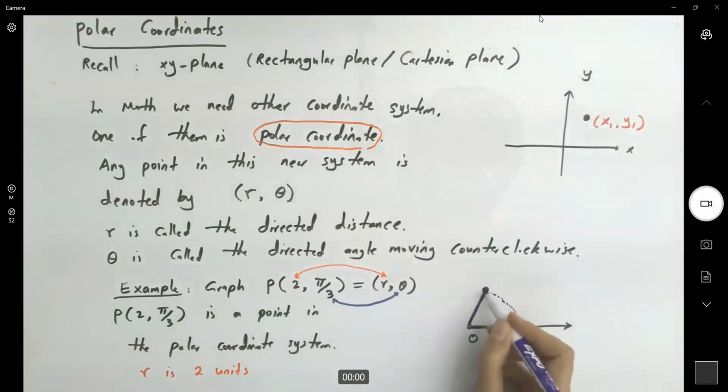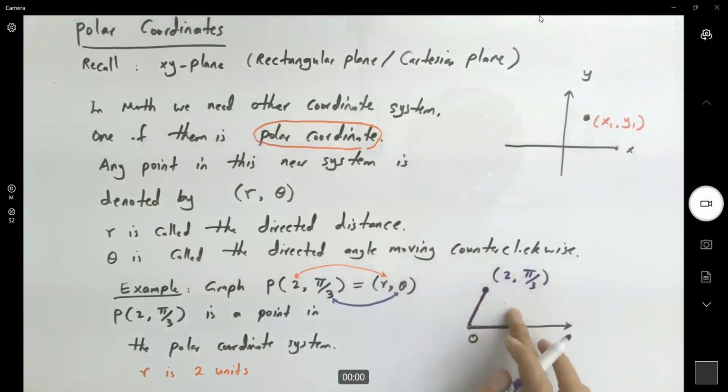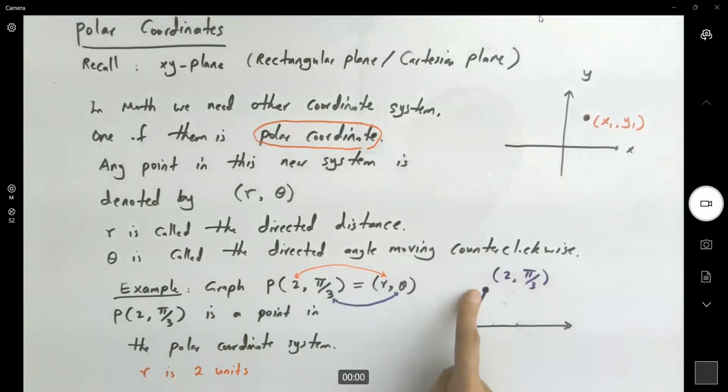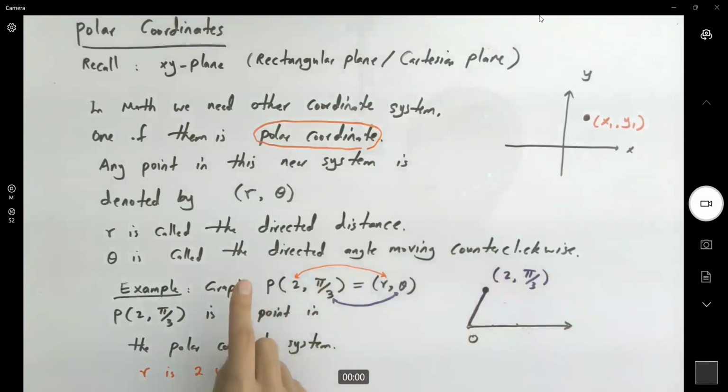So this point is (2, pi over 3). This point represents (2, pi over 3) in the polar coordinate system.